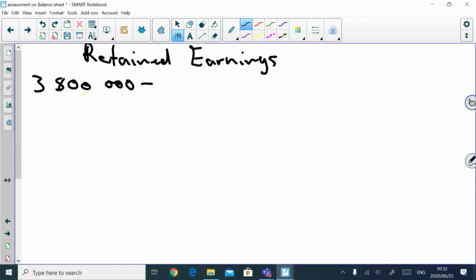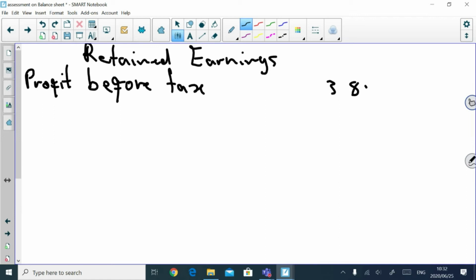Let's do this, because if I just write numbers, you might forget what those numbers stand for. Let's just write the proper thing. Profit before tax, that is your 3,800,000. Yes, so it's good to write in full.